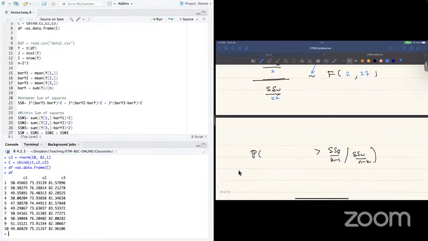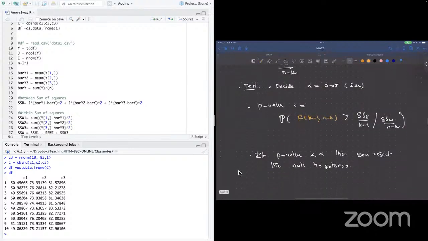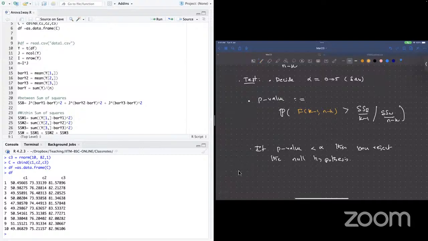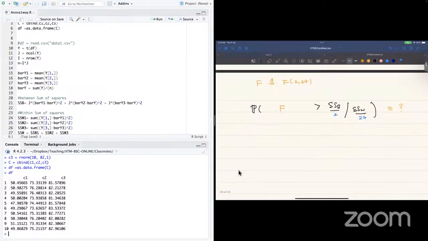What I would do is take the statistic that I compute from the data set, and then take a random variable, let's call it capital F, distributed as the F distribution with 2 and 27 degrees of freedom, and check the probability of that random variable exceeding this statistic, how large or how small this probability is. And then I will go ahead and fix a significance level, alpha.